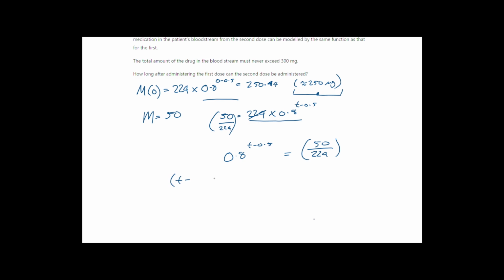So t minus 0.5, natural log of 0.8 equals the natural log of this beastie here. And now we've got enough information to solve. So let's divide both sides by natural log of 0.8, and then add half to it.